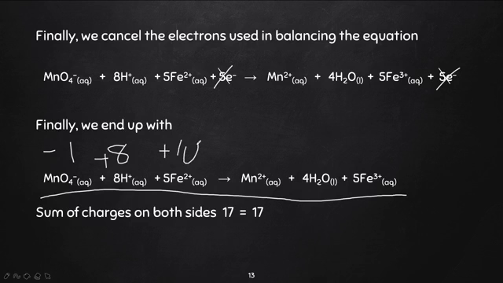That on the manganese 2 ion is +2, and that of the iron 3 ion is +15. If we do the maths, +2 + 15 gives us +17, and -1 + 8 + 10 will also give us +17. So the sum of charges on both sides is +17. We've ended up balancing the charges on both sides. So that's just how we do it.